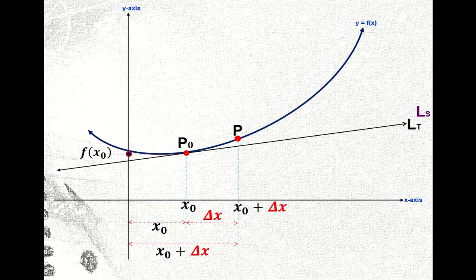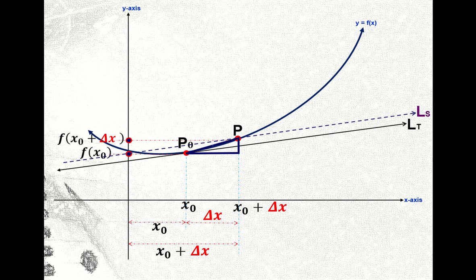If you see the triangle that we formed from the beginning, which is a bigger triangle composed of this line, the vertical line from the point P, and the function graph, it is now getting closer to a right triangle.